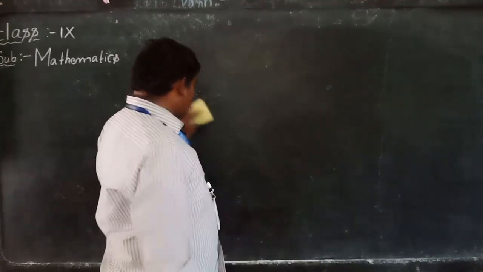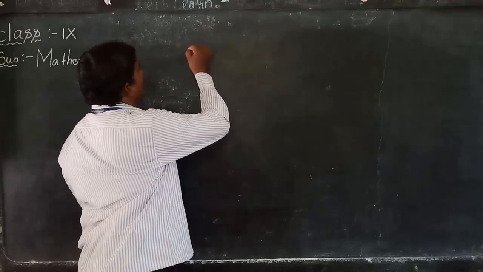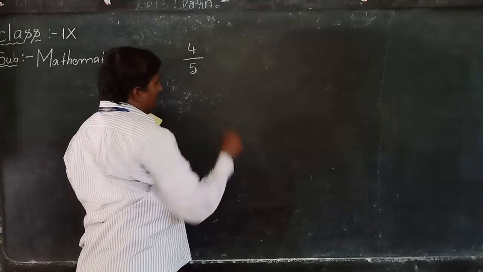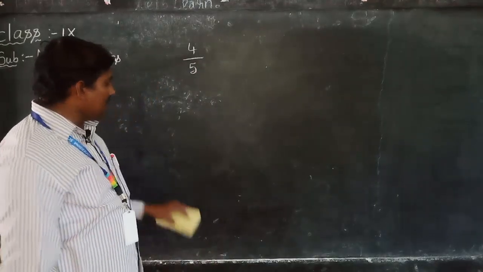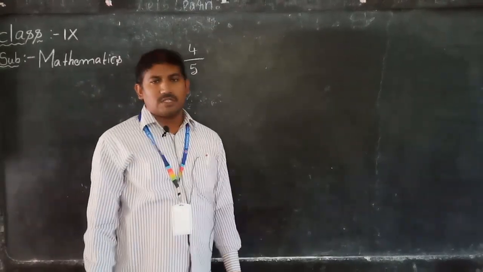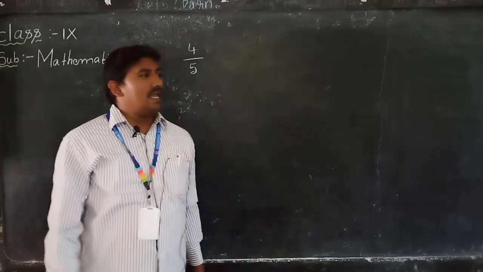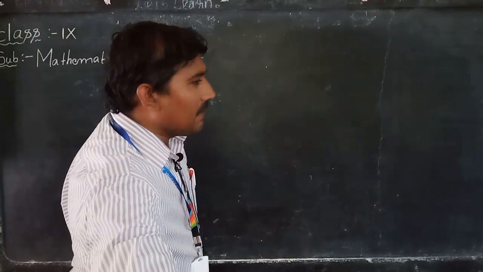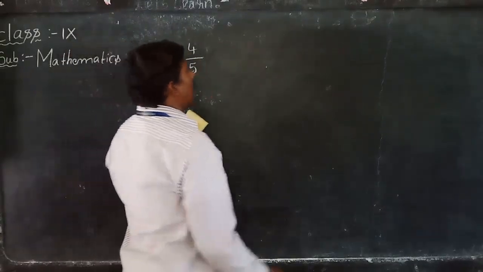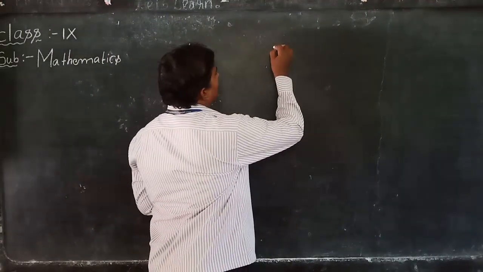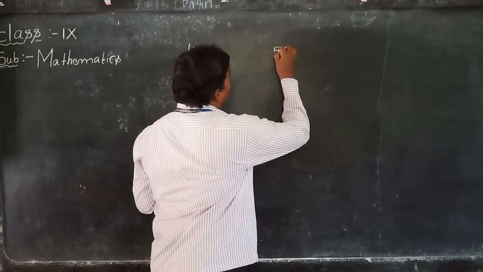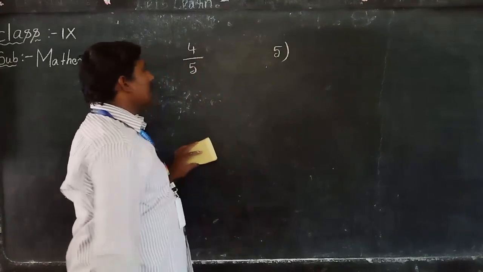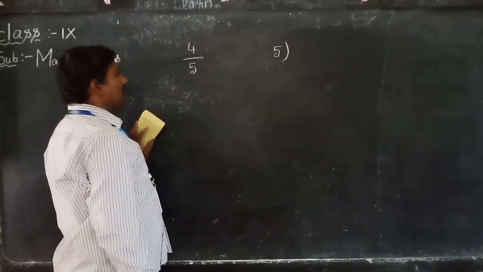For example, say 4 by 5. Is 4 by 5 a terminating decimal or a non-terminating repeating decimal? Because of that doubt, what are we doing? We are doing division. No need to do division. Very easily we can say whether it is terminating or non-terminating.